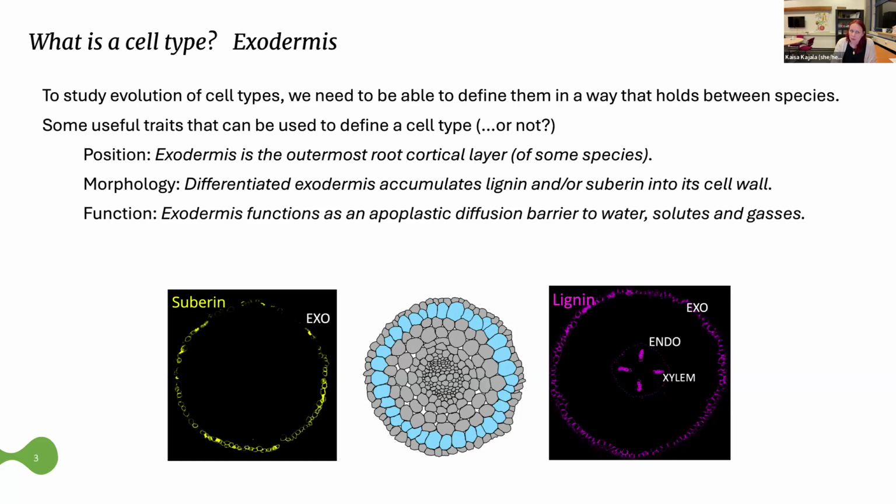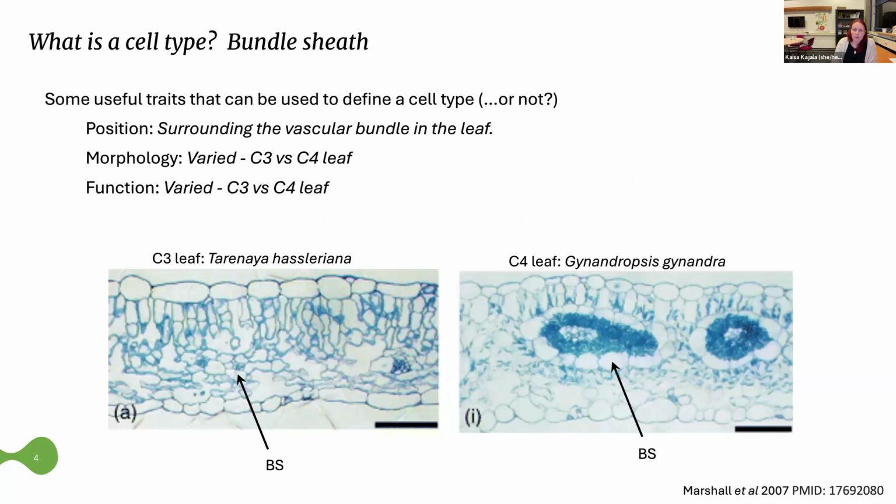In the case of exodermis, with these three traits or aspects, it actually works really nicely. But as a counterexample, I'll introduce you to bundle sheath cells. Position: bundle sheaths surround the vascular bundle in the leaf. That's pretty strong. But if you look at the morphology and function, these are really varied between leaves, depending on whether you look at a C3 leaf or a C4 leaf.